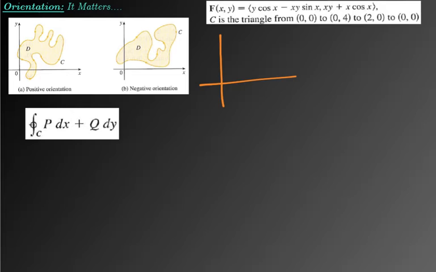So I can see I go from 0, 0 to 0, 4. To 2, 0, just about right there. And then back to 0, 0, right? So I go this way, then that way, then that way. And so maybe I actually will also shade in.